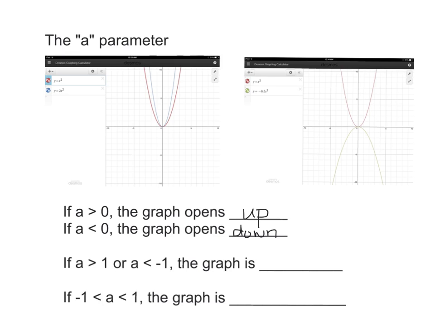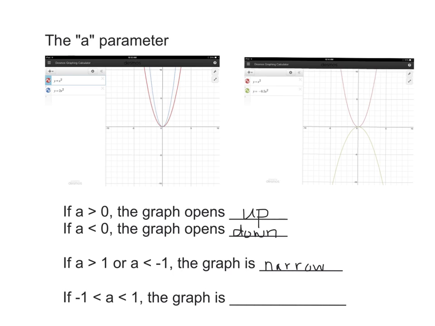So that part of the number line. The graph is, and in here I want to write either narrow or wide, the graph is narrow. And when I say narrow, I mean narrow compared to y equals x squared.